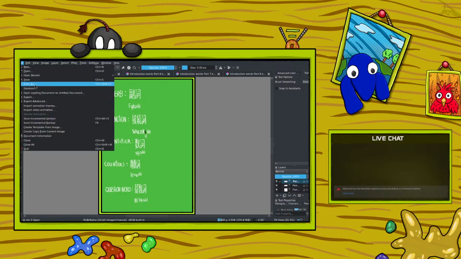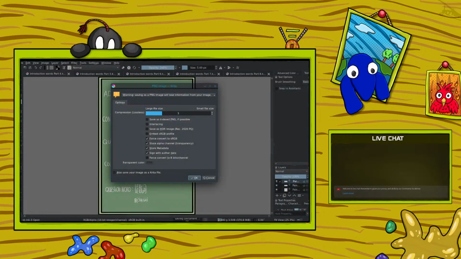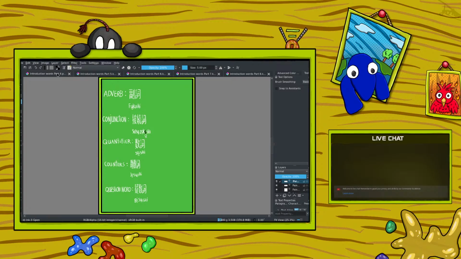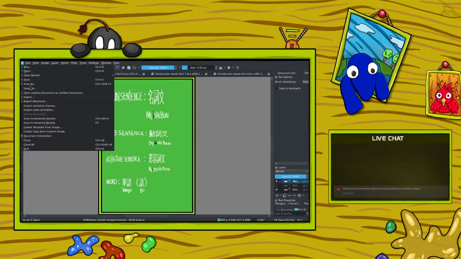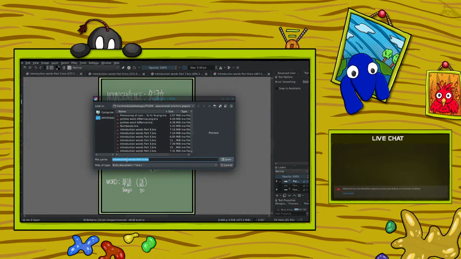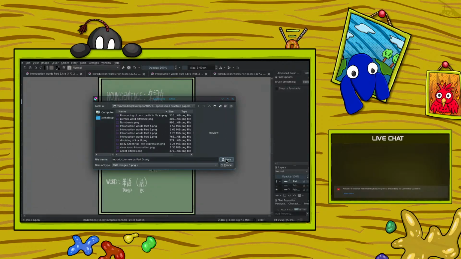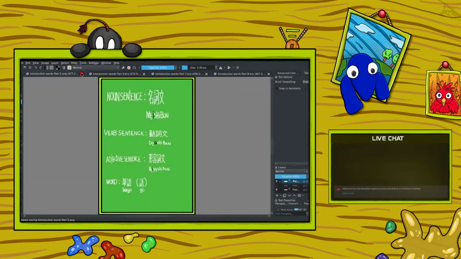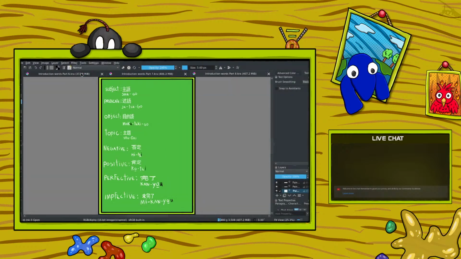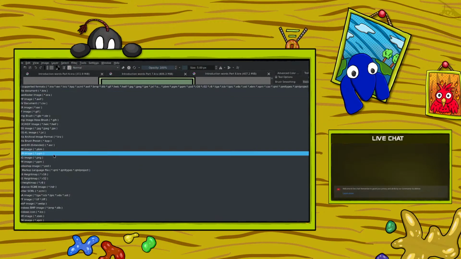Now we're going to save that as well as a PNG file. There we go. Then we're going to save this as a PNG file as well. And this one, save as PNG file.